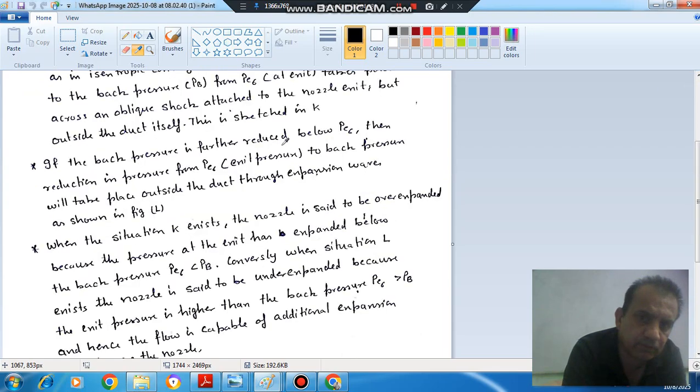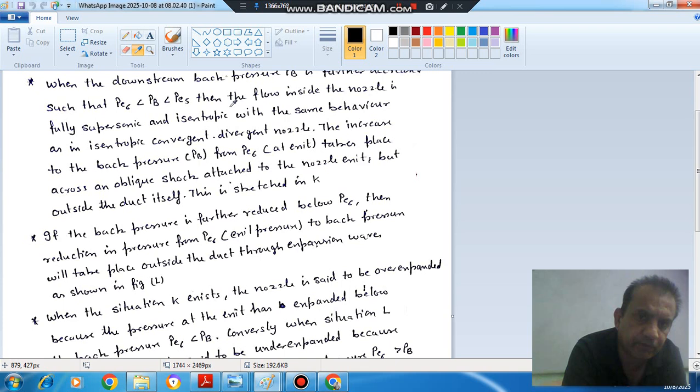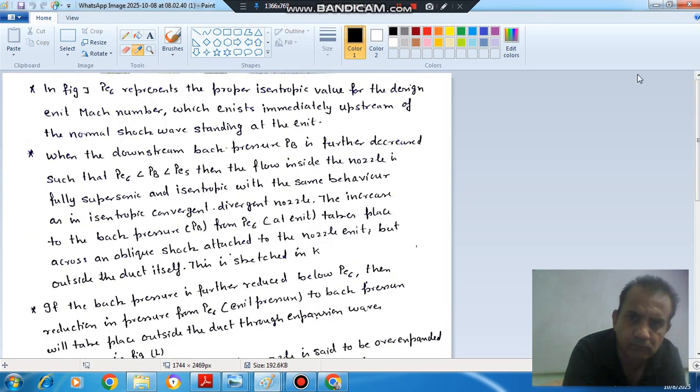When the downstream back pressure PB is further decreased such that P6 is less than PB, which is less than PE5, then the flow inside the nozzle is fully supersonic and isentropic, with the same behavior as the isentropic convergent divergent nozzle.